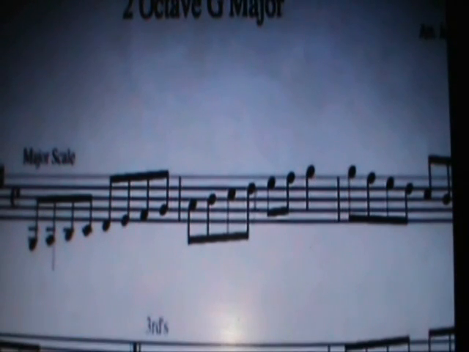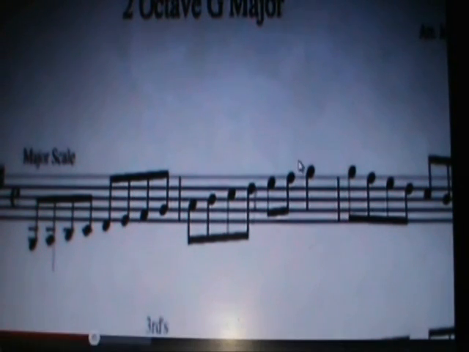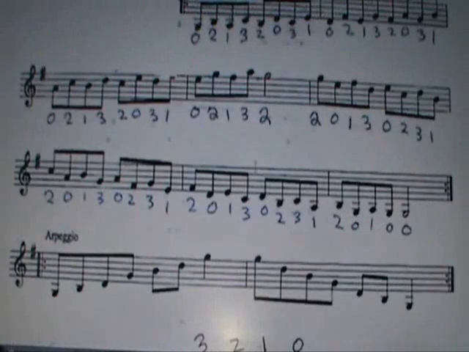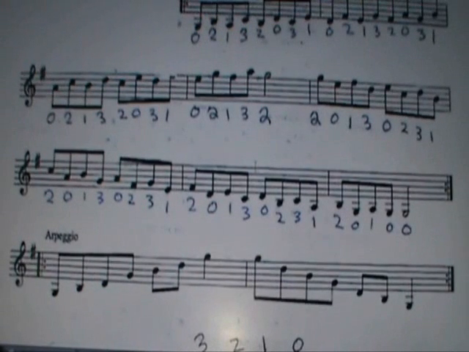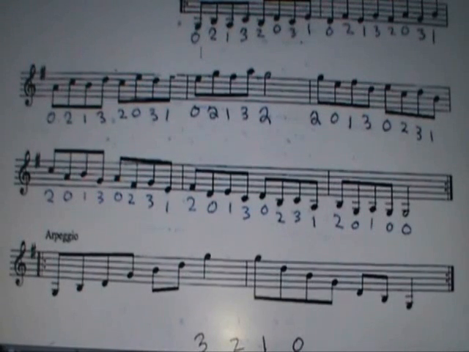So the way that you have to start to learn reading music is to use a technique whereby you are using the numbers that correspond to notes on the violin.